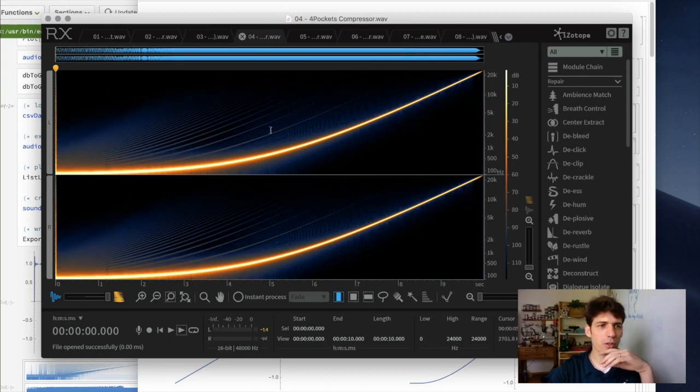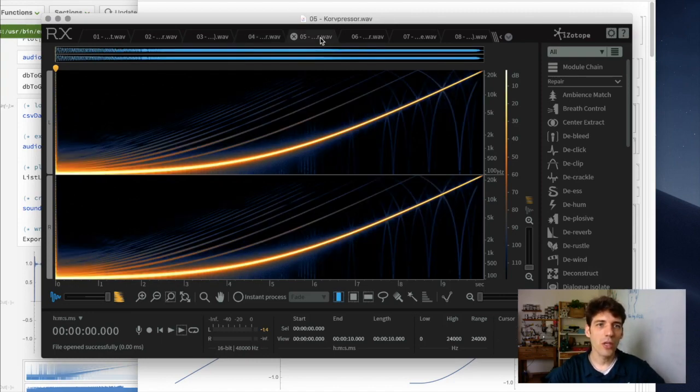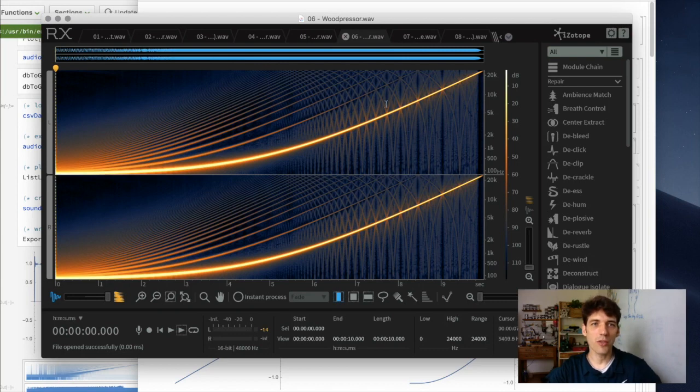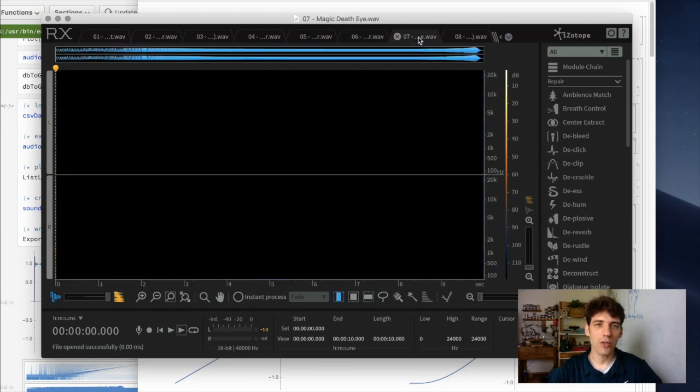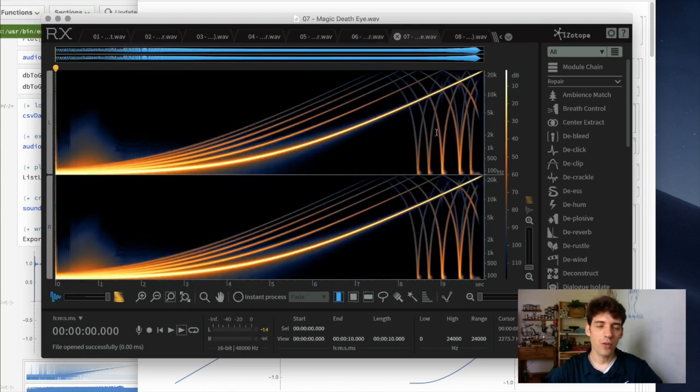And here's another example of a compressor with a different type of distortion characteristic and a different type of aliasing. This type of aliasing would be more likely to have that kind of hiss noise to it. This one is a very extreme example with a lot of aliasing noise. This one has a lot of aliasing noise at high frequencies, but it's very clean at low frequencies.